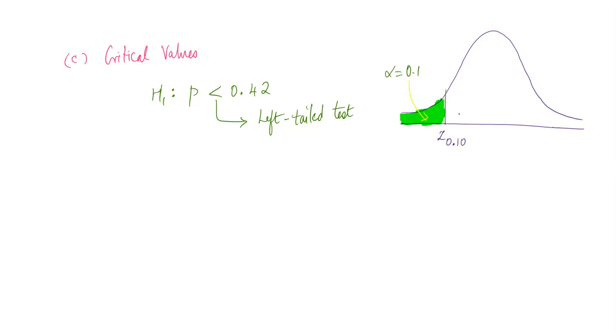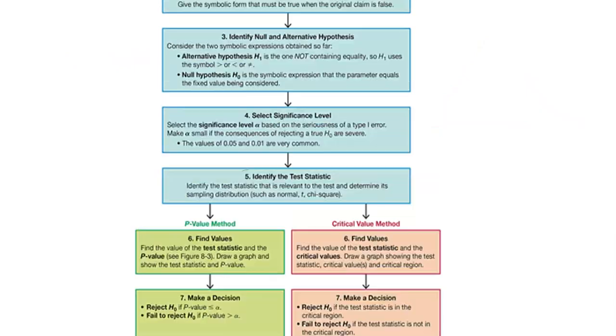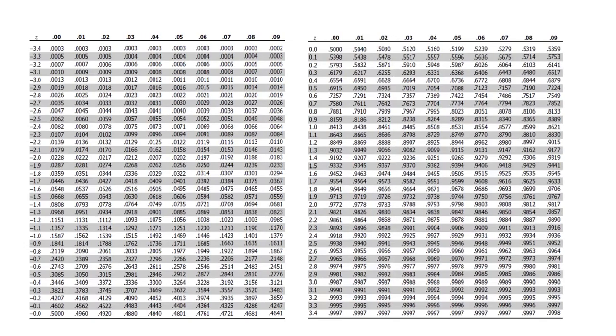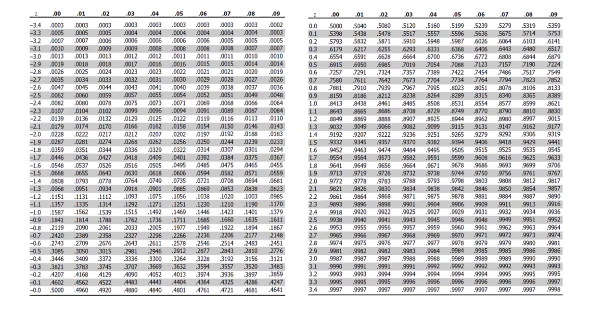Now this is already the area from the left. Therefore, you know that you could use the table value directly. So you need to go to the z table and locate 0.1. You're not going to find an exact value for 0.1 using the table method, but try to get something as close to it as possible.